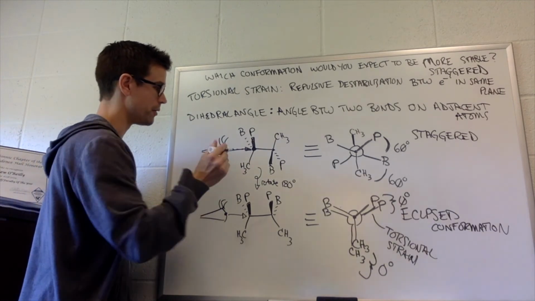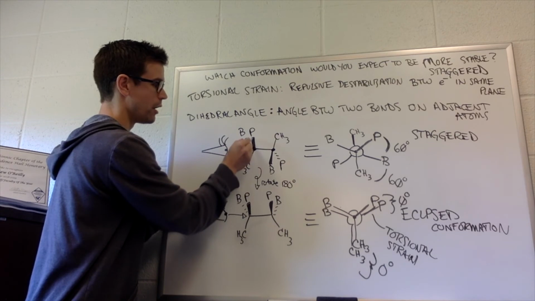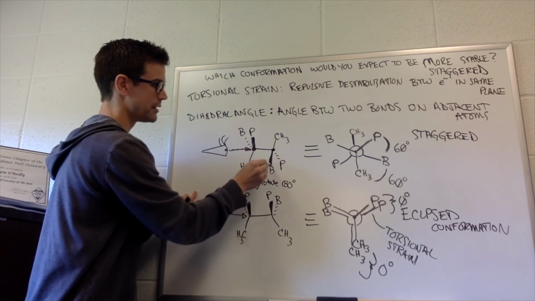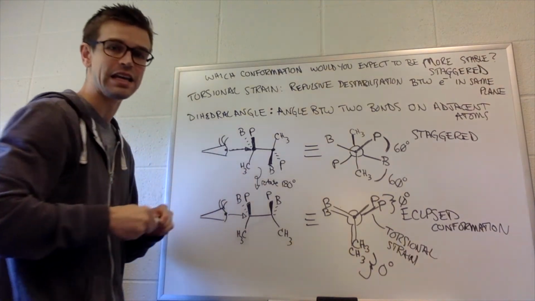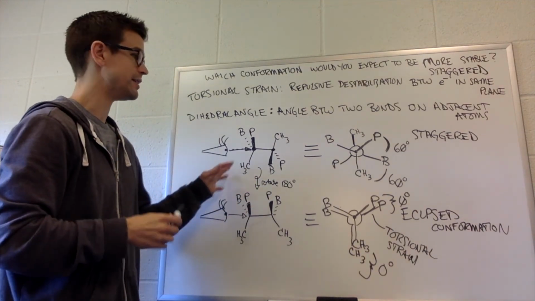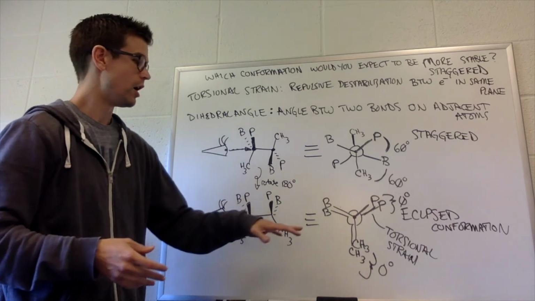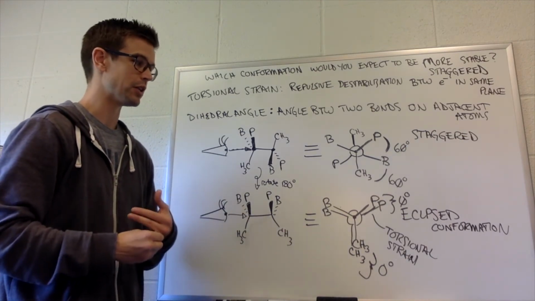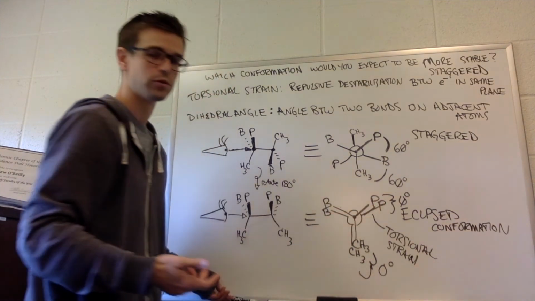So this atom is adjacent to this atom, and this bond is on that atom, this bond is on this atom. So that 60-degree angle is called a dihedral angle. So a staggered conformation has all 60-degree dihedral angles, whereas the eclipsed conformation has 0-degree dihedral angles between those groups right there.